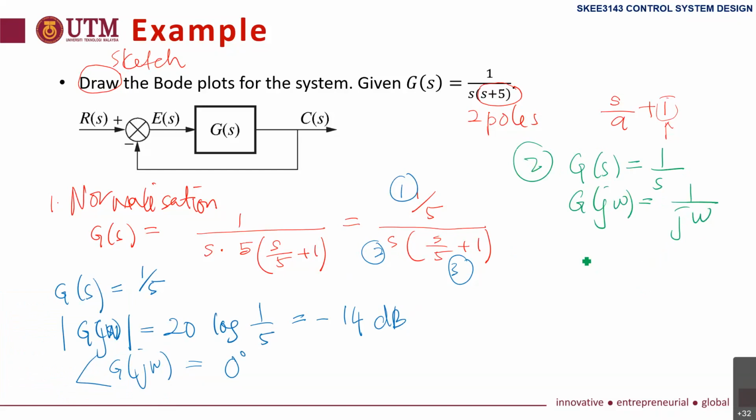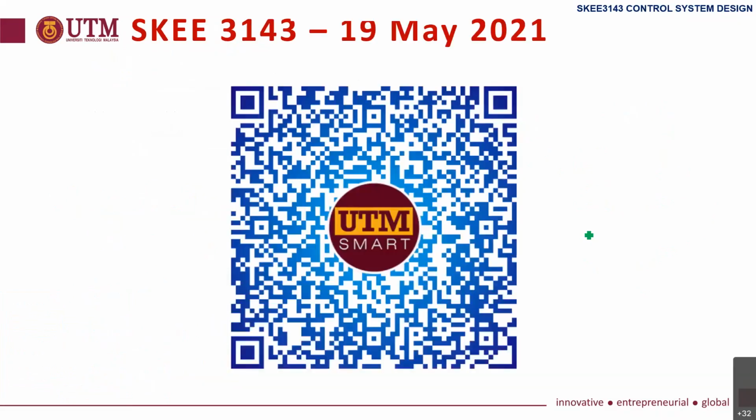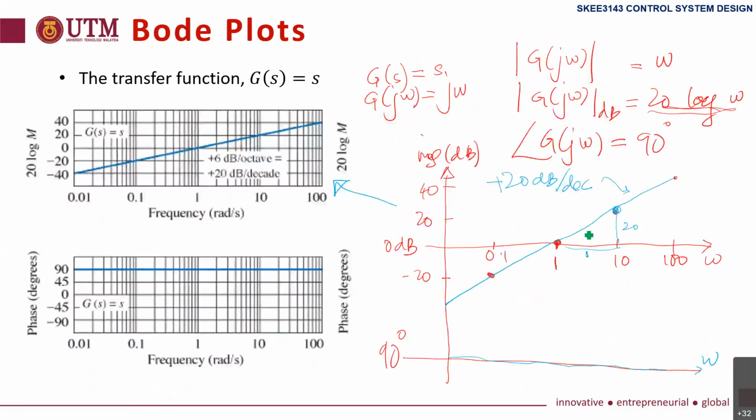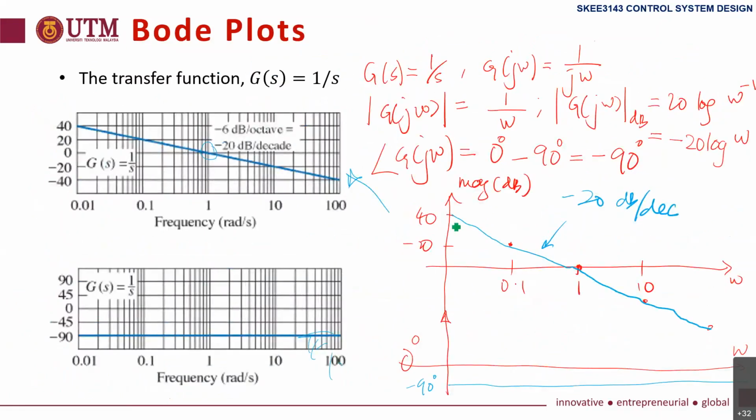If you check our notes before, here we have 1 over s. We derived 1 over s here, then we obtained this. 1 over s is a straight line, minus 20 dB per decade here.